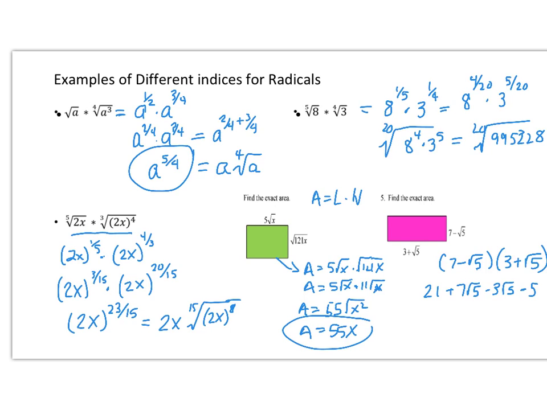So we get minus 5 plus 21, which is 16. And then these two coefficients of the square root of 5 will add, in this case they'll subtract, and I'm left with 4 square root of 5. So that's the answer for that particular area.